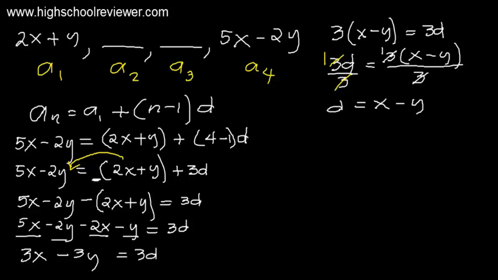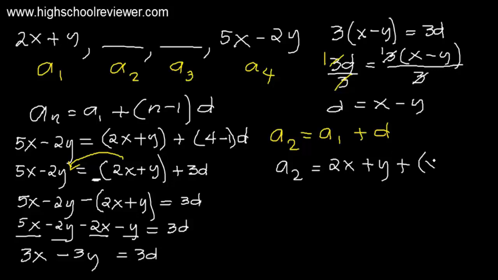Our A sub 2 will be the sum of A sub 1 and D. So again, A sub 2 will be equal to A sub 1 plus D. So for A sub 2 here, our A sub 1 is 2x plus y, and then plus our D, which is x minus y.